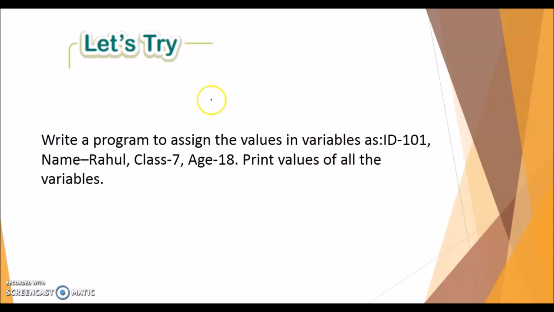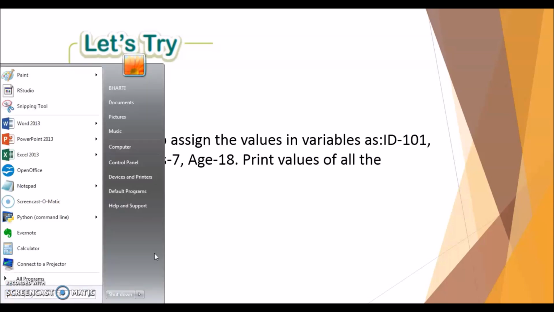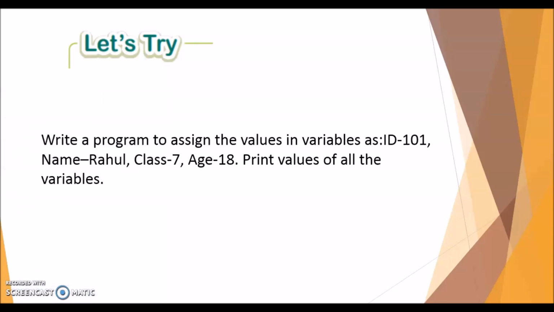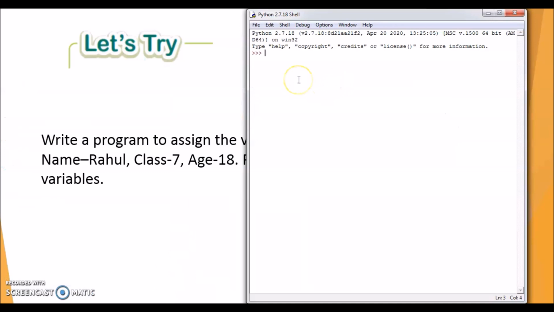Now, after discussing some basics of Python, we will have some hands-on practice. Here you can see there is a question: write a program to assign values. For this we will work in the Python environment, so I'm opening my Python screen.